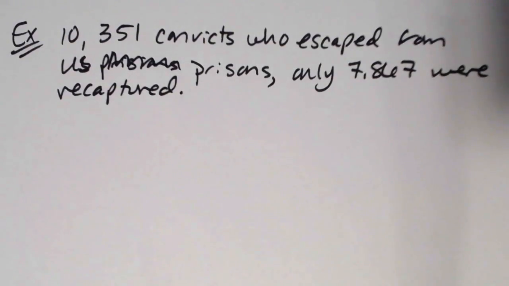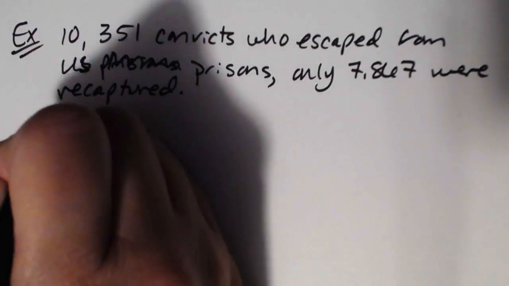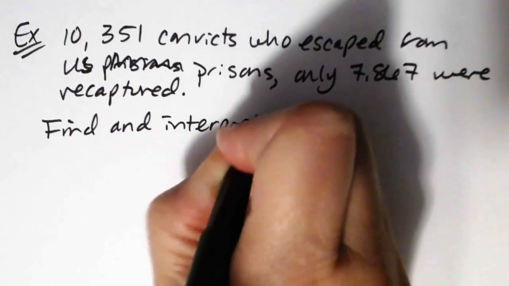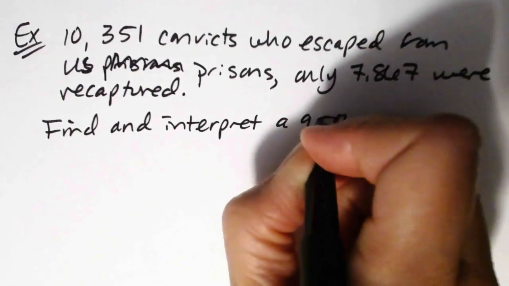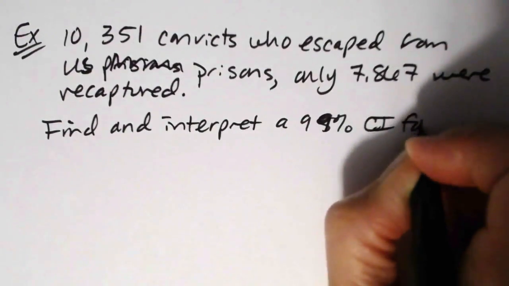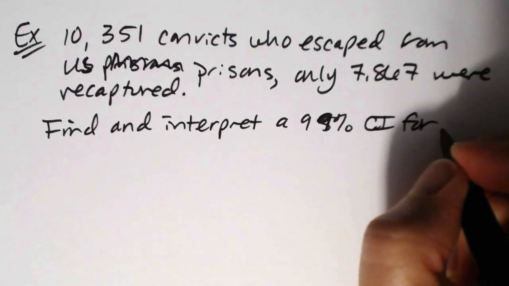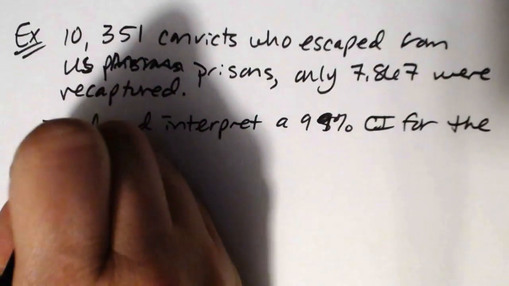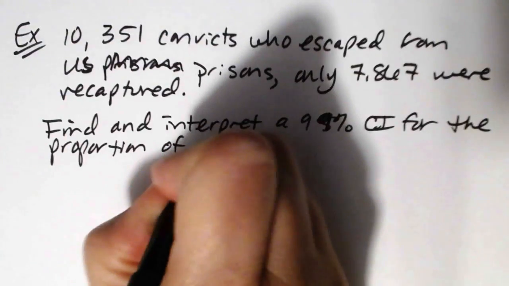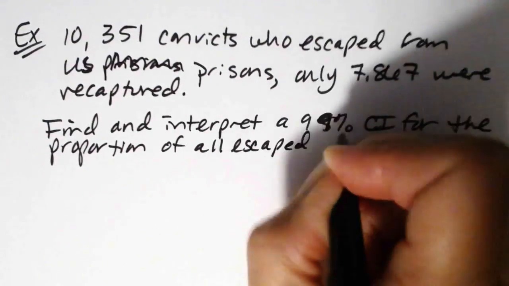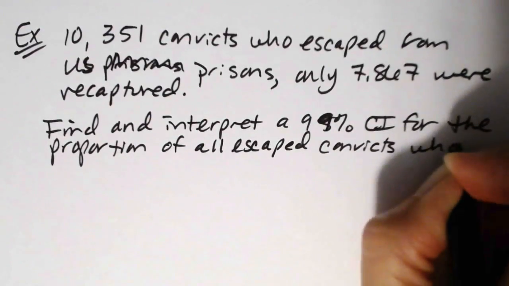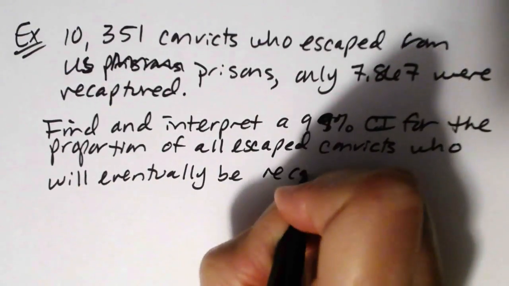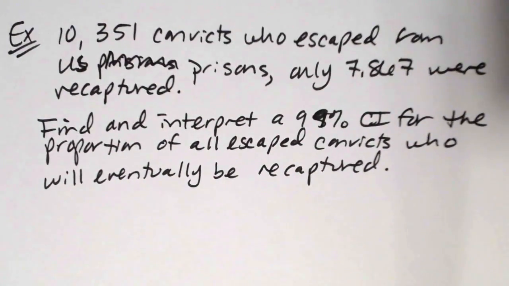Okay, so there's the data that we have. And we want to find and interpret a 99% confidence interval for the proportion of all escaped convicts who will eventually be recaptured. Okay, so there's what we want to do.